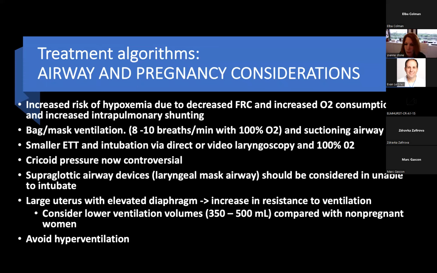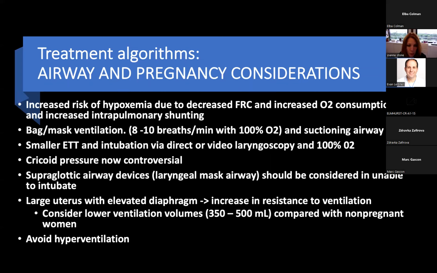Increased risk of hypoxemia occurs due to decreased functional residual capacity, increased O2 consumption and increased intrapulmonary shunting. Bag-mask ventilation, 8 to 10 breaths per minute with 100% O2 and suctioning the airway. Again, using a smaller endotracheal tube and intubation when needed.